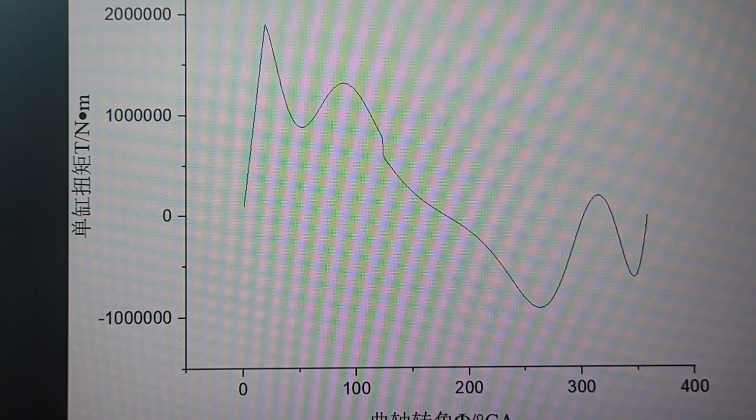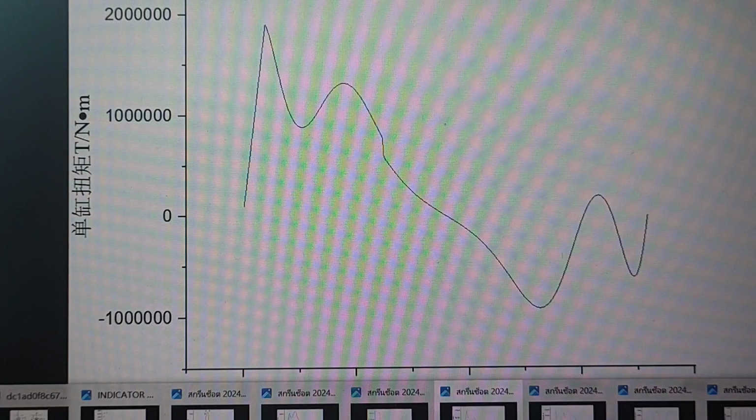This is a graph which indicates the single cylinder torque. You can see the torque reaches its peak at this point. And let's see what is next. This one.